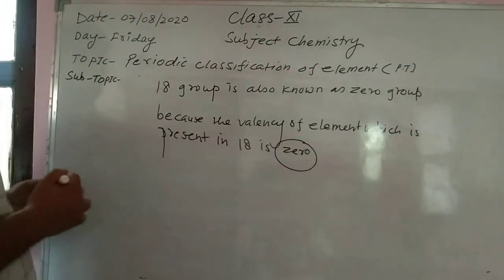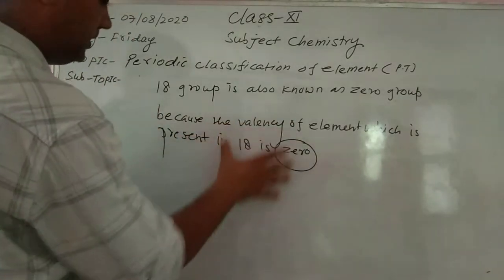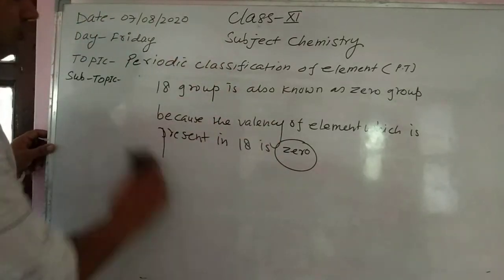Its combining capacity is 0. So it is known as the zero group.